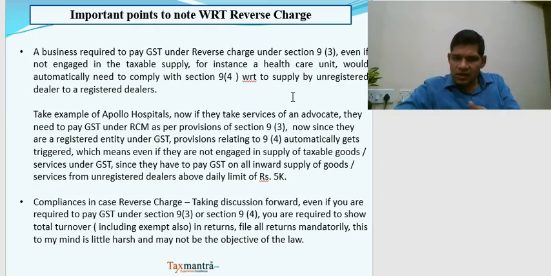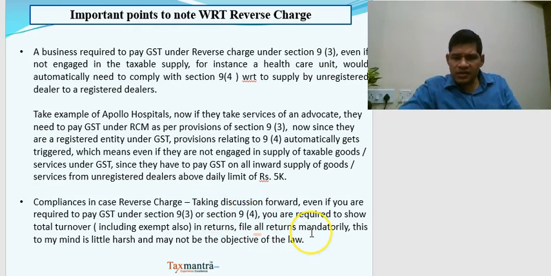Now they are registered, now they have to do RCM on all the expenses of more than 5,000 per day, taking into the provision of subsection 9.4, because that automatically triggers, because now Apollo is registered and that provision is applicable to all the parties who are registered and who are taking inward supply of goods or services from an unregistered party.